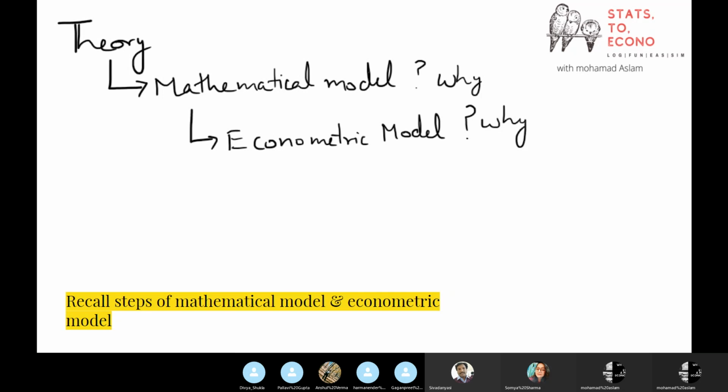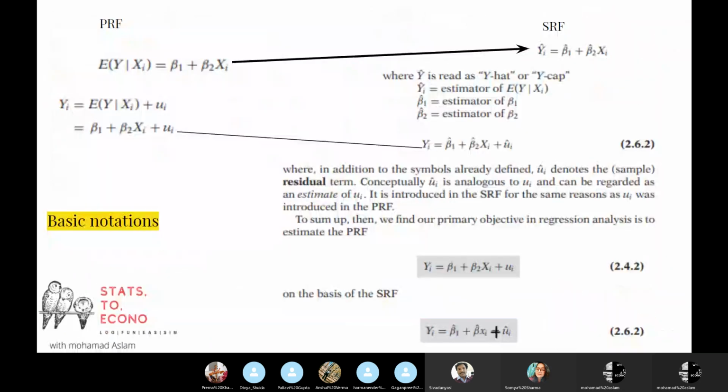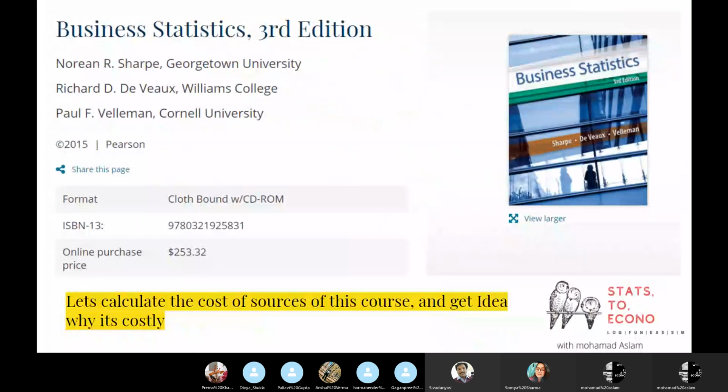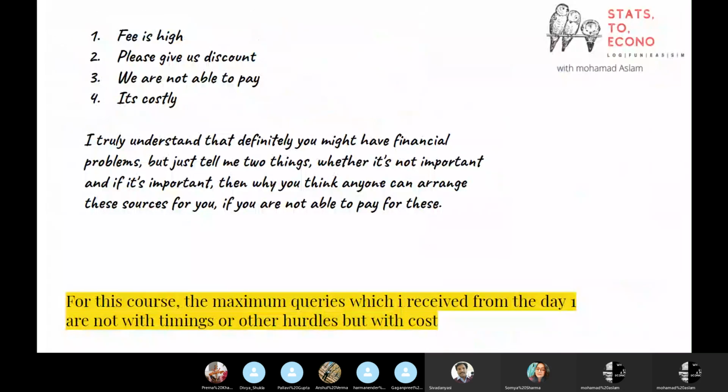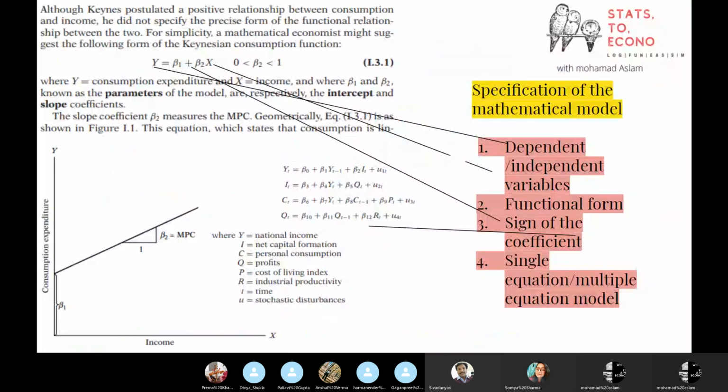You define whether the relation is linear or non-linear, that is the function, and the sign of the relation, whether it is negatively or positively related. These things you have to define from the theory, as we did in the very beginning of this econometrics part. These 4 steps you have to take care of when you make a mathematical model.